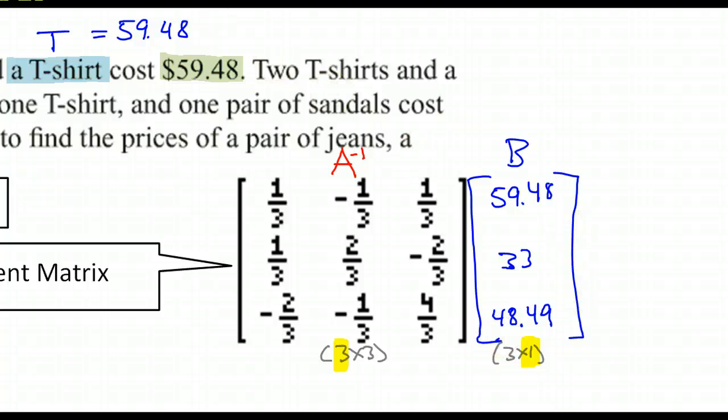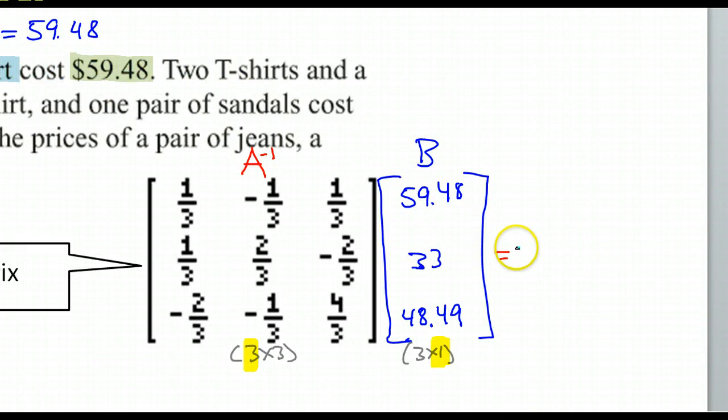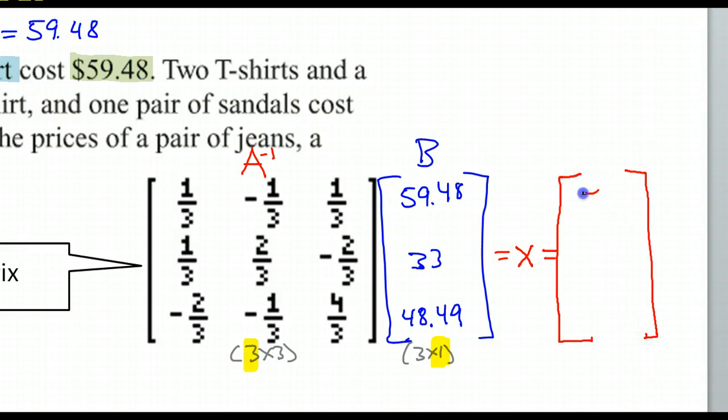So you should set up for yourself a 3 by 1 answer. In other words, we're expecting X to equal this 3 by 1 matrix. So it's like element 1,1, element 2,1, and element 3,1.